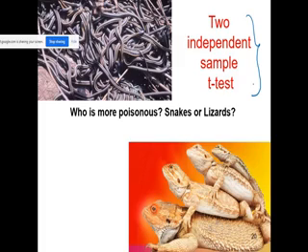So suppose some researcher is collecting venom from snakes and also from lizards. Now he wants to find out who gives more venom on average, whether the snake or the lizard.